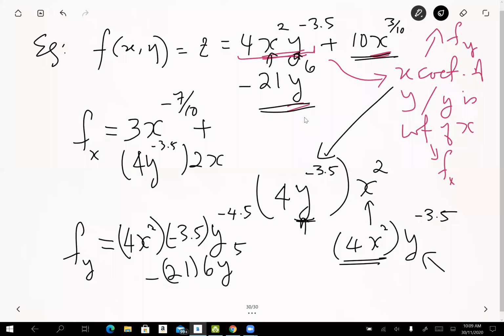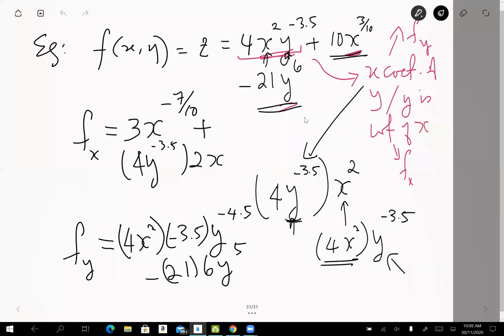Okay. I would like you to do question number, I do not know whether I assigned to you this question or not. 14.1. Do question number 10. Now, number 10, you have z is equal to 4x squared minus 3xy cubed. Okay, do that one.